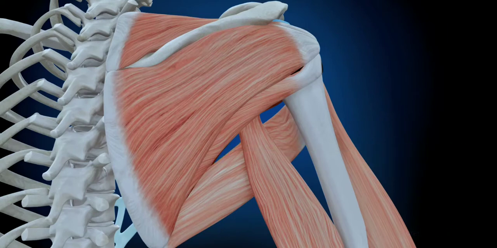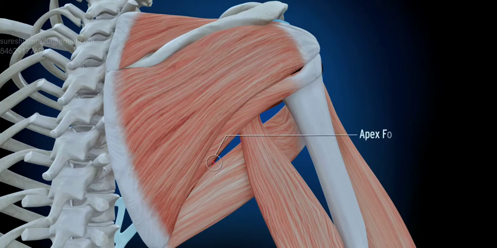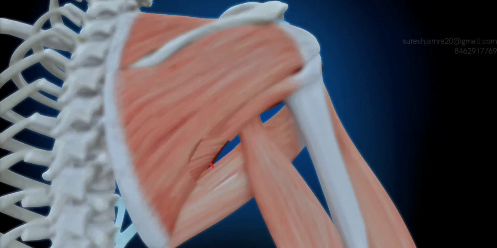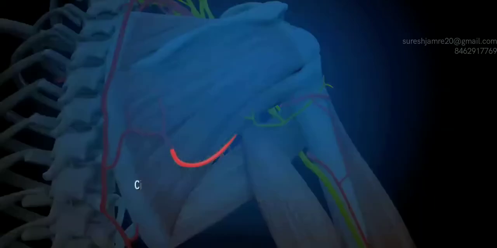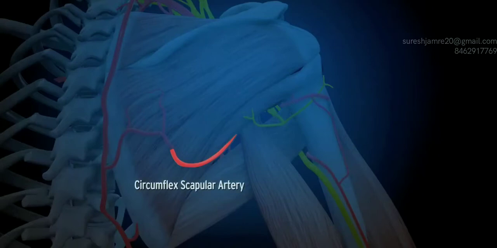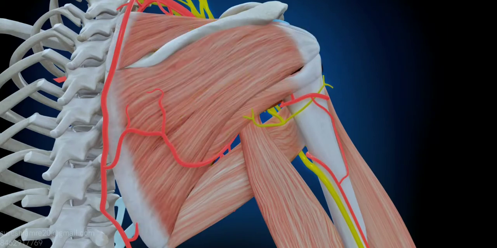The base is formed by the medial margin of the long head of the triceps brachii muscle and the apex is formed on the lateral margin of the scapula by the point where the teres minor and teres major muscles meet. Contents: the circumflex scapular artery and vein wind around the lateral margin of the scapula in this space.